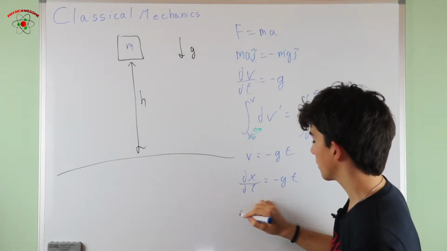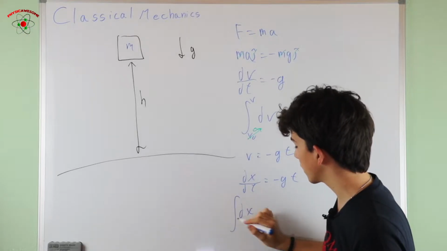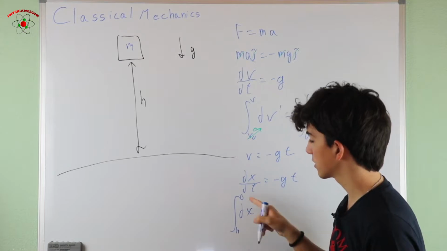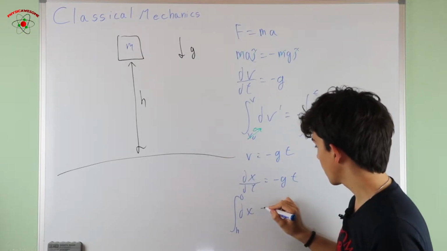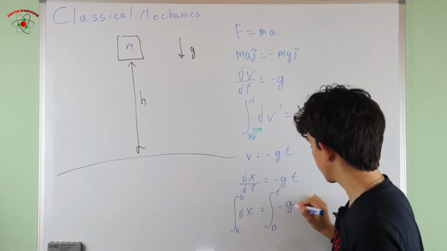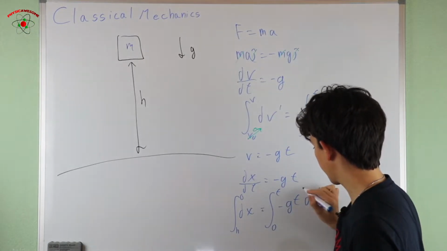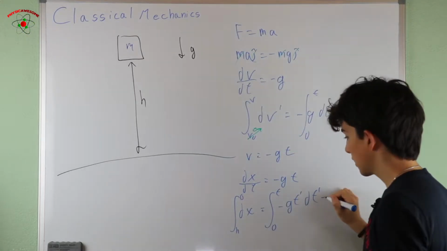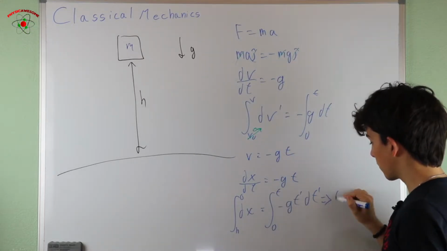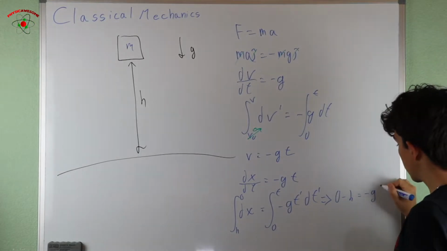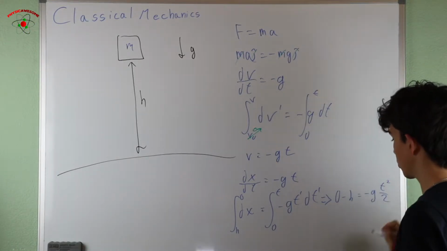Therefore, by solving for dx and integrating from h to 0, from our initial height to our final height, this is from 0 to t of minus gt dt. We end up getting that 0 minus h is equal to minus g t squared over 2.